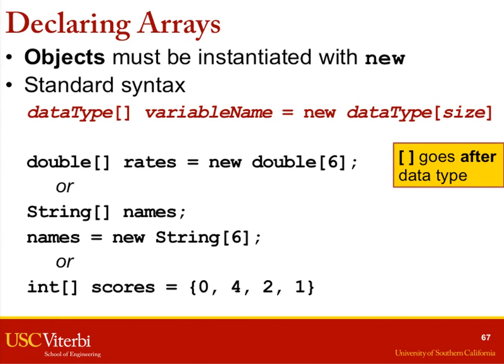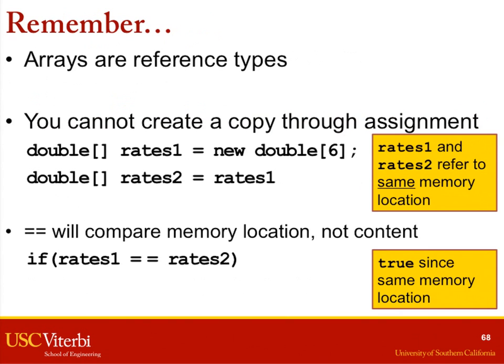It basically does scores equals new int 4 and sets each score element for you. So it's a shorthand. But it's only good if you know exactly what your values are going to be. That's why this isn't used very often, because you don't always know what your values are going to be. Okay.